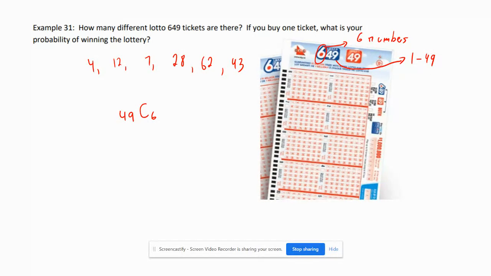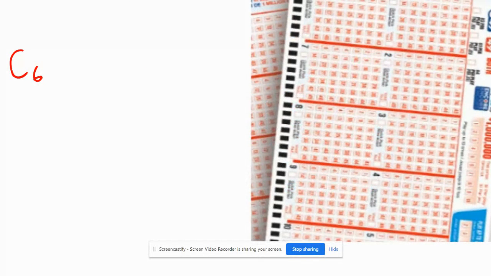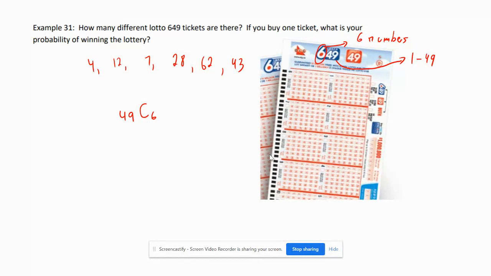Now for the second part, what is your probability of winning the lottery? Guys, probability is really not one of our outcomes in this course, but we're going to do it for this question anyways. The probability of selecting a winning ticket equals 1 over 49 choose 6.